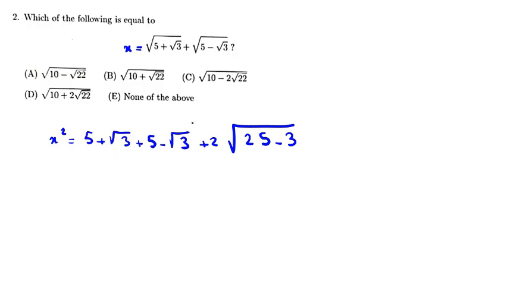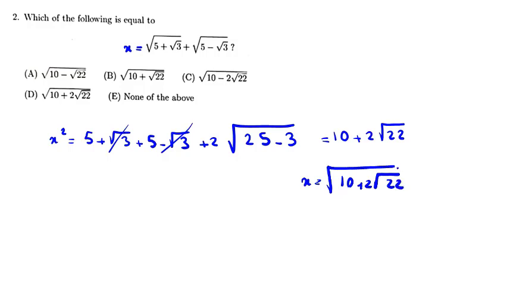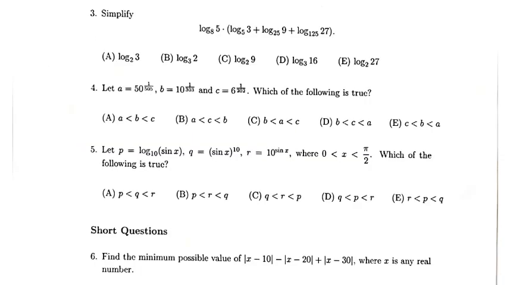The root 3 terms will be cancelled. It will be 10 plus 2 root 22. So x is this, we know x is positive. So x equals root of 10 plus 2 root 22. So the answer is D.